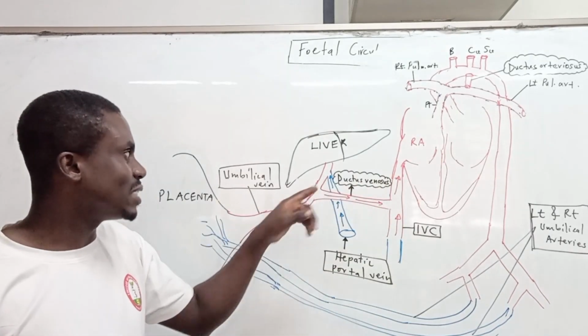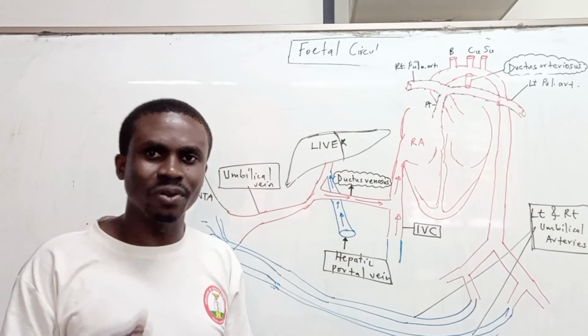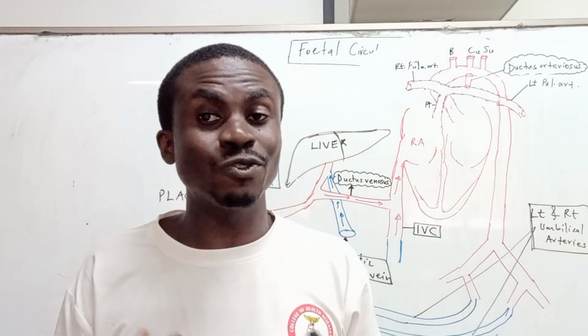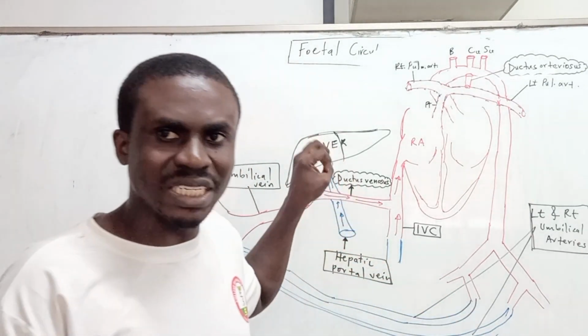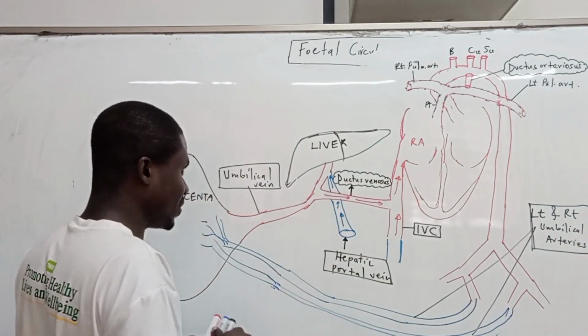Some portion will get to the liver, because the liver is also an organ which requires nourishment. Remember that it's a very important site as far as metabolism is concerned.